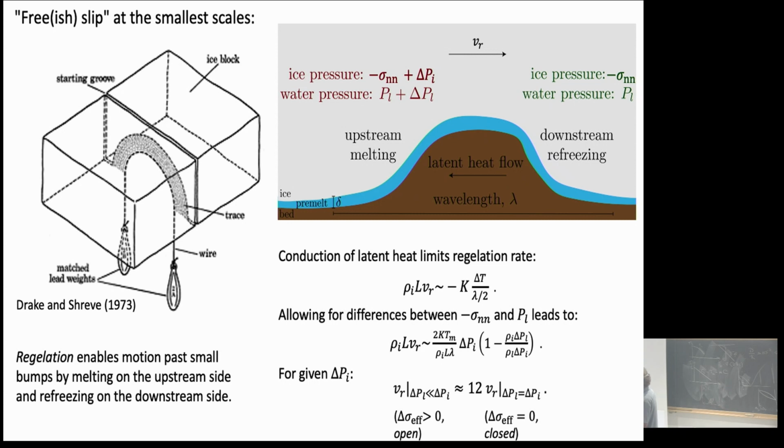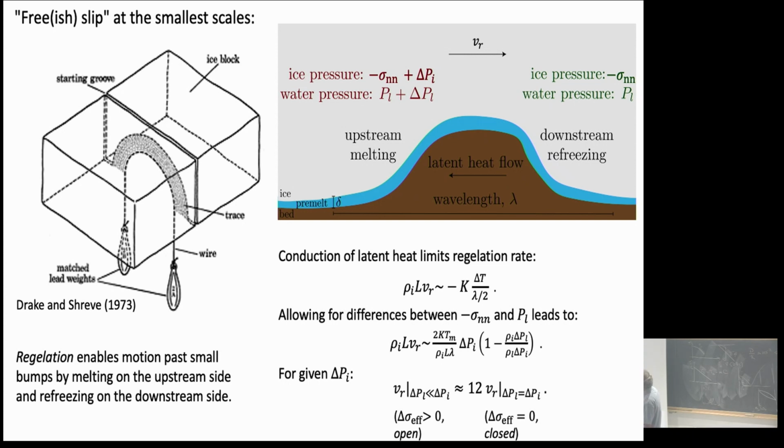If this is done at room temperature, so the ice block is basically at 0 degrees Celsius, then the governing melting temperature difference across that obstacle is due to just bulk melting. If we're at a glacier base, if this is a solid rock and the only way for water to get from this downstream refreezing side to the upstream melting side is through this thin film, then it can be exactly like this room temperature experiment done in the 70s.